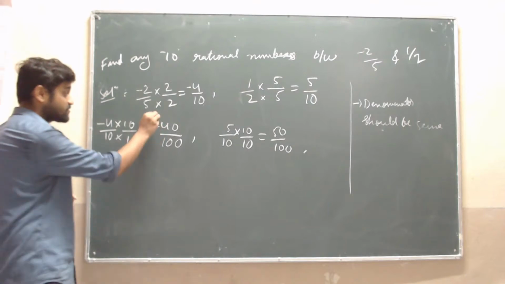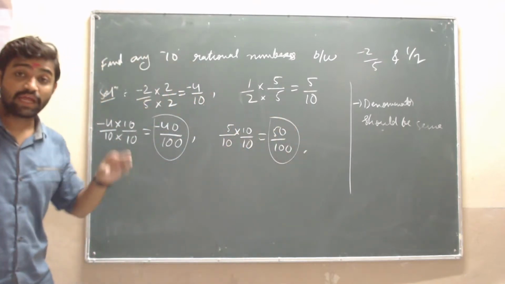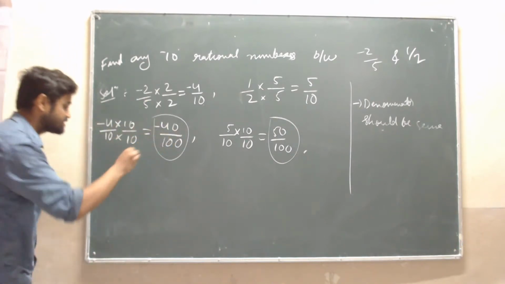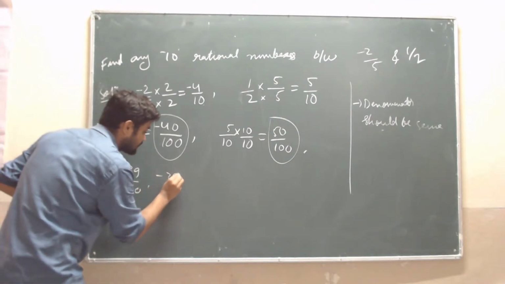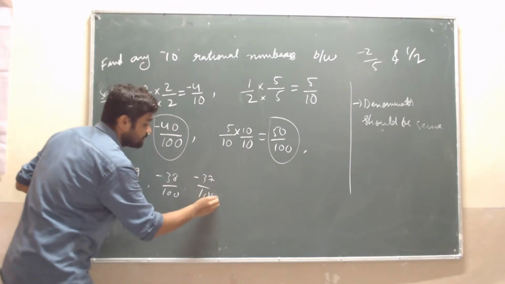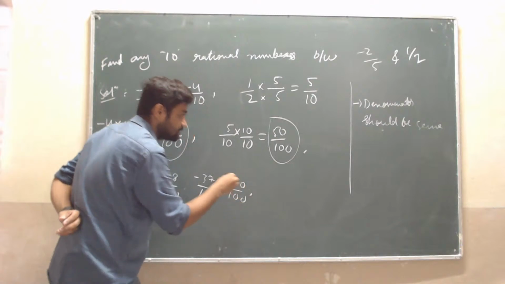Between minus 40 by 100 and 50 by 100 we have to write any 10 rational numbers. That is minus 39 by 100, minus 38 by 100, minus 37 by 100, and so on up to positive numbers.